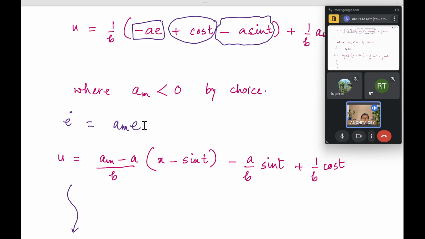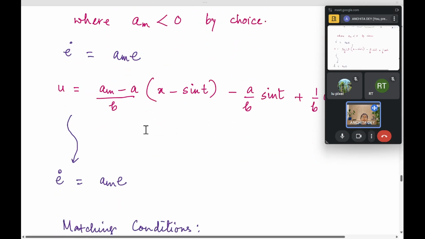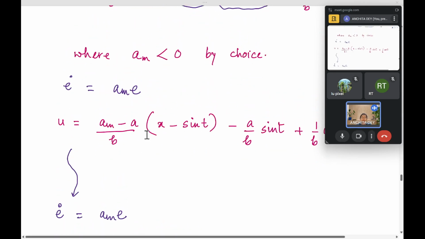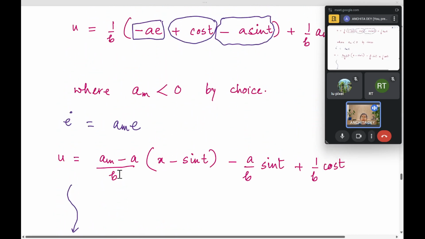However, like we just discussed, we do not know the values of a and B. If we do not know the values of a and B, we can at least say that the matching conditions are satisfied. What are the matching conditions? Am minus a by B should be your K1, minus a by B would be your K2, 1 by B would be your K3.